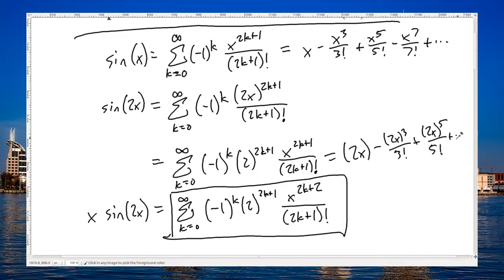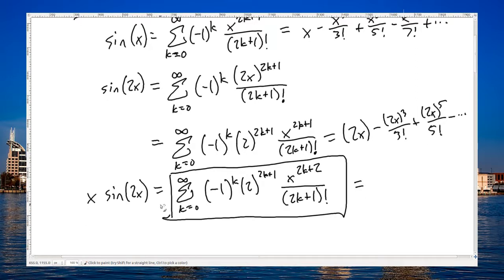So on and so forth. We have minus next. And then here, we just multiplied everything by an x. So on and so forth, which you could distribute if you wanted to, and then multiply out those cubes and fifths for however many terms that you need.